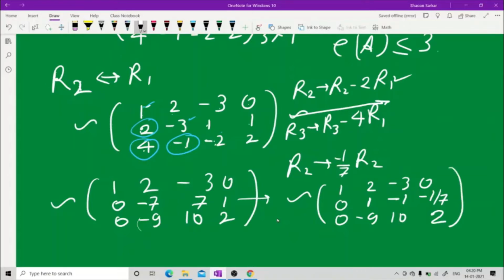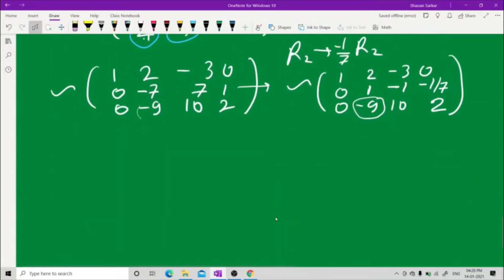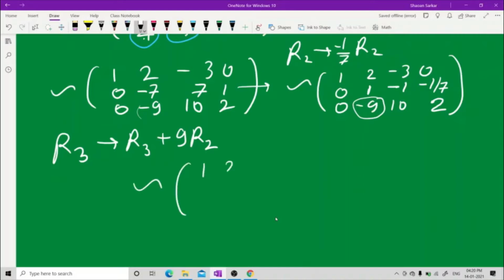Now the target is to make this one 0. I'll take the operation R3 is R3 plus 9R2.